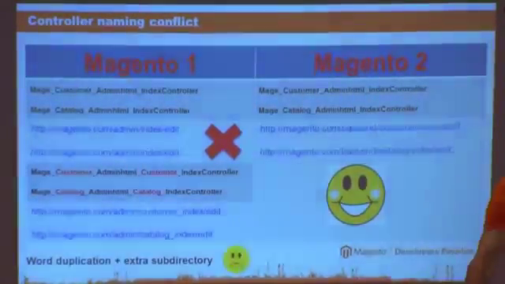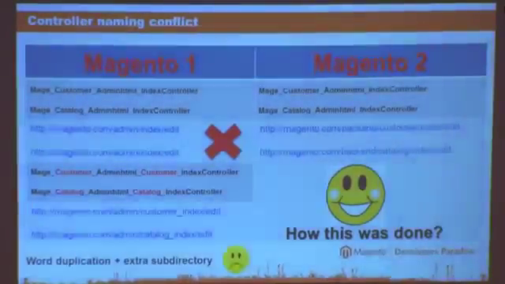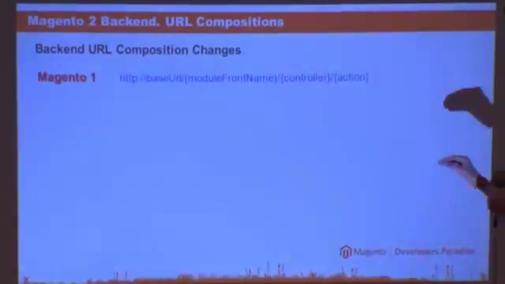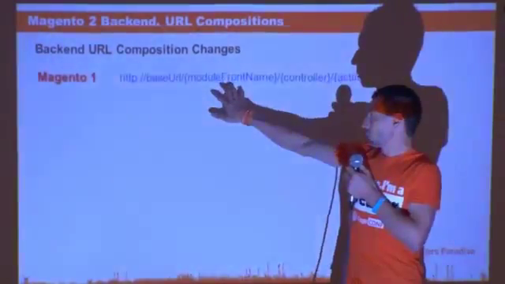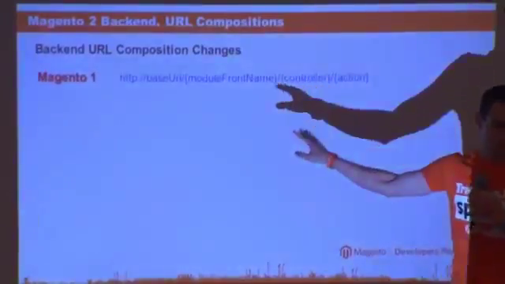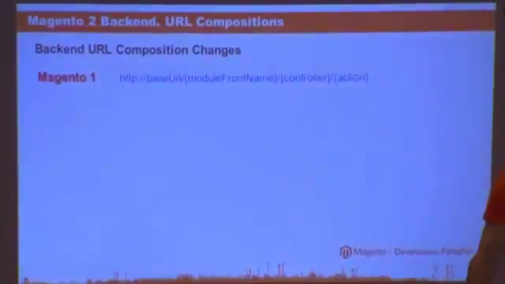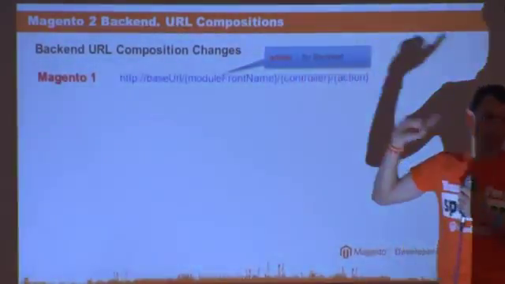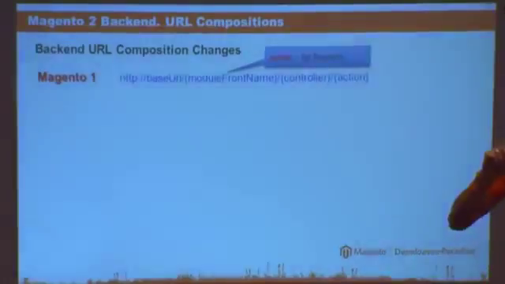But how was this done? In Magento 2, we have changed backend URL composition. In Magento 1, we have this URL composition: base URL, module front name, controller, and action. And you always have to use admin as a module front name when you work in the backend area in Magento 1.